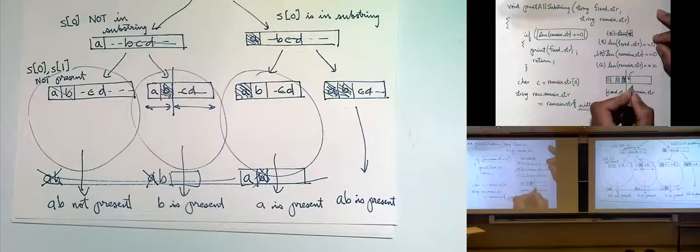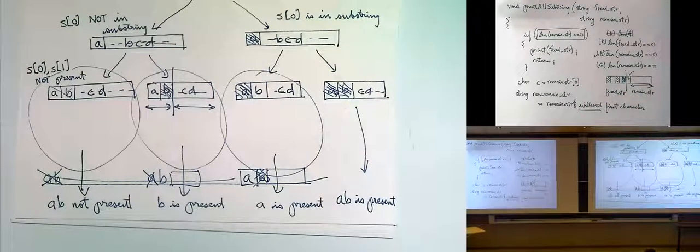Does that make sense? This is the new remaining string. And unfortunately, I've done my indices in a particular way. Actually, if you think about it, if you switch your indices, some of these things become easier. But there's also a pop operation on a string where you can just remove the first character, right? So this is the remaining string without the first character.